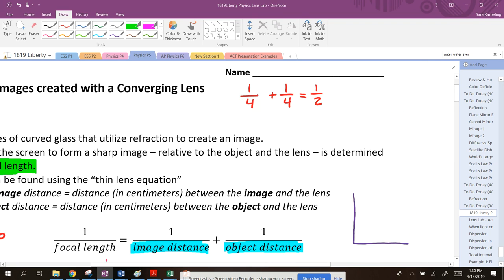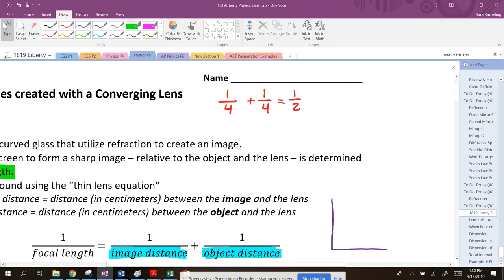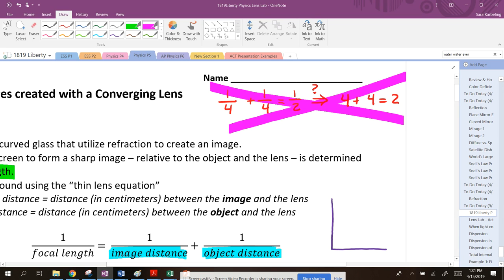Now my question for you is really saying then, is 4 plus 4 2? It's not, right? So just to be very clear, we cannot just get rid of those 1 overs, right?